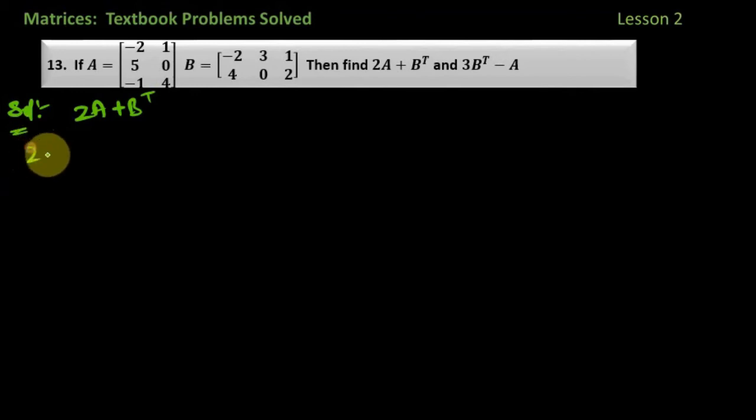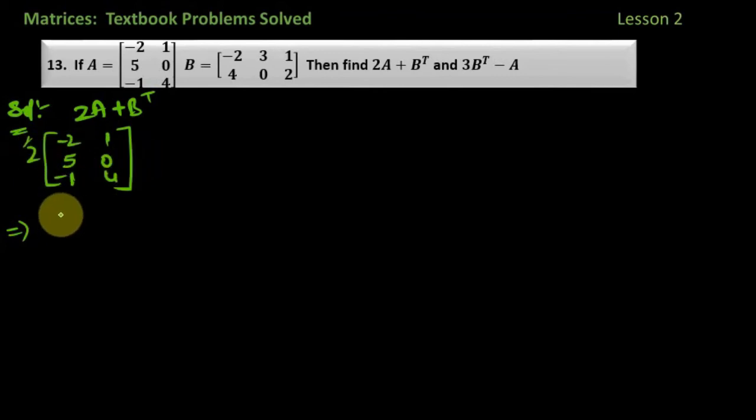So first 2 into A. 2 into A means what? Matrix A, minus 2, 5, minus 1, 1, 0, 4. This scalar element you should multiply with each of the elements present in A. So 2 into 2 is how much?